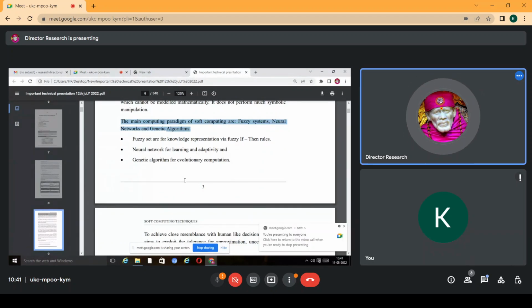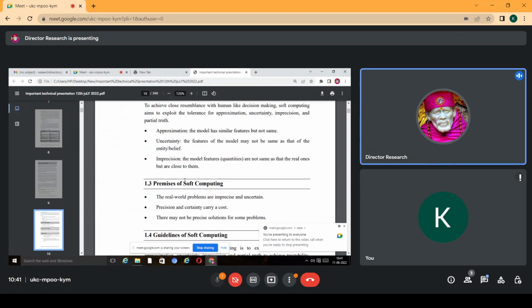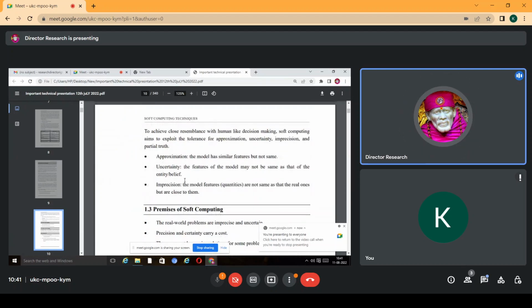Fuzzy sets are for knowledge representation via fuzzy rules, neural networks for learning and adaptivity, and genetic algorithms for evolution and computation to achieve resemblance with human-like decision making.